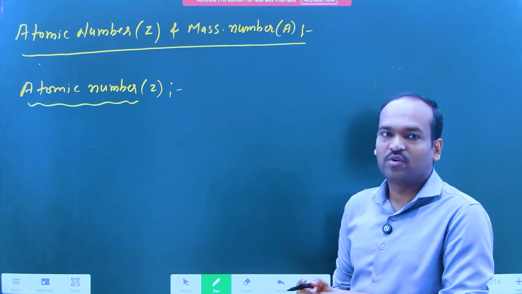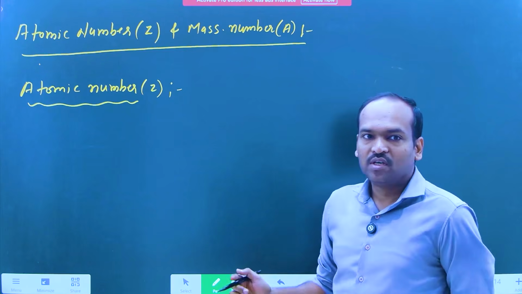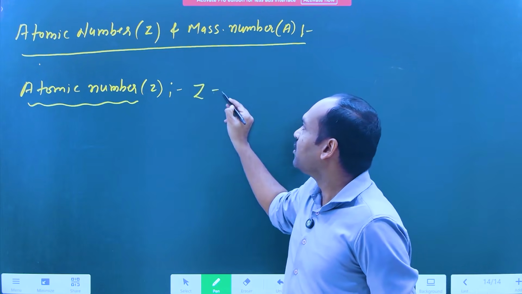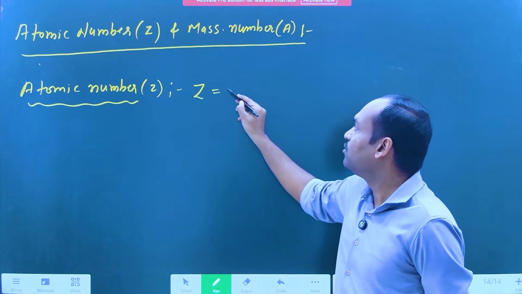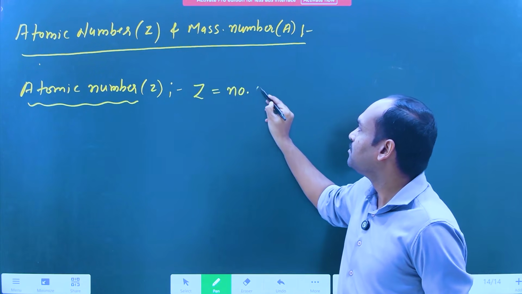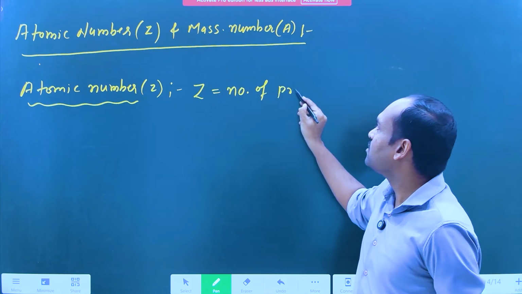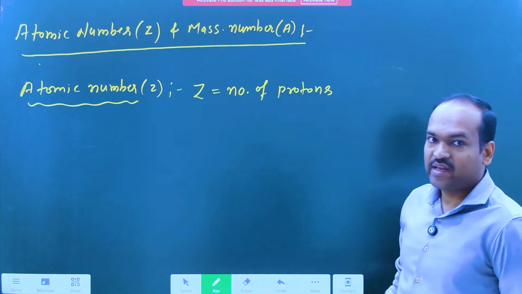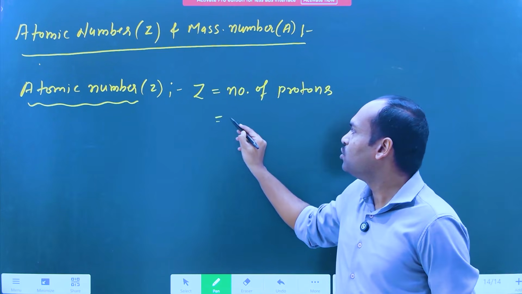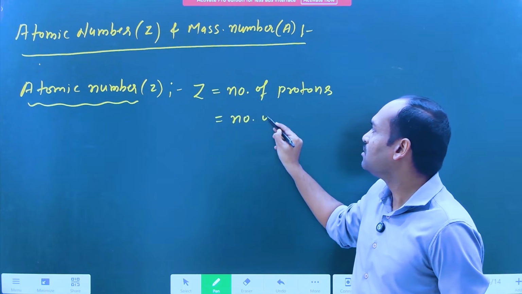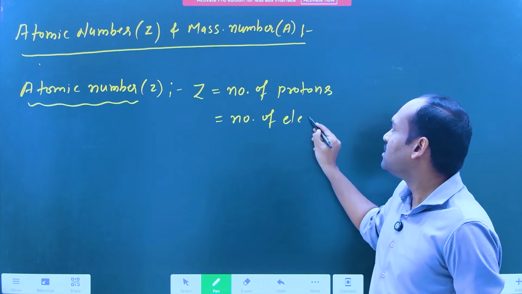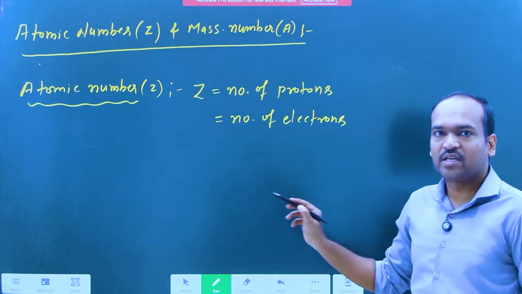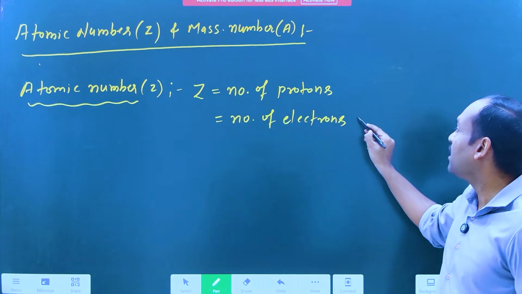Okay, focus here. The atomic number is denoted by Z, and Z is nothing but the number of protons. Can I say it is also equal to the number of electrons? Z is equal to the number of electrons in a neutral atom.